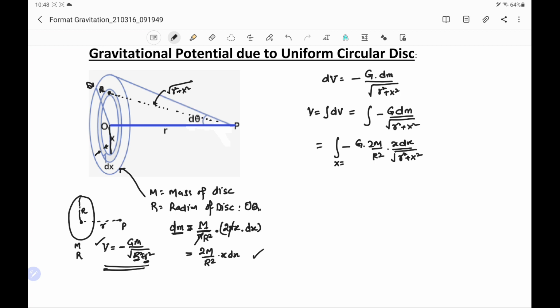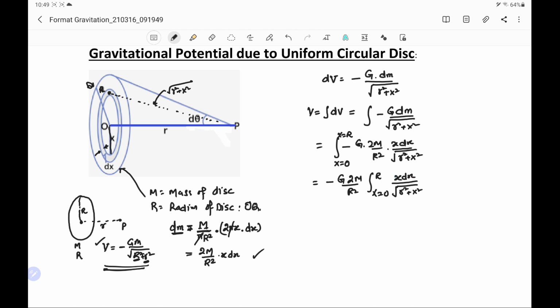For that, we vary x from 0, which refers to the center of the disk, to x equal to capital R, the outermost ring of the disk. Taking the constant terms out of the integration, it will be minus G into 2M by R square, and x is a variable term, so we keep it inside, with limits x equal to 0 to R, x dx by root r square plus x square.